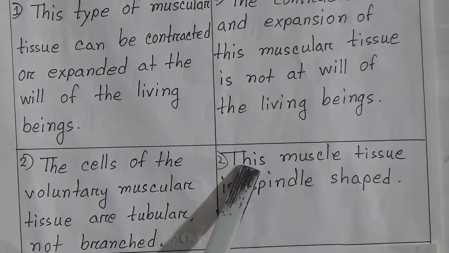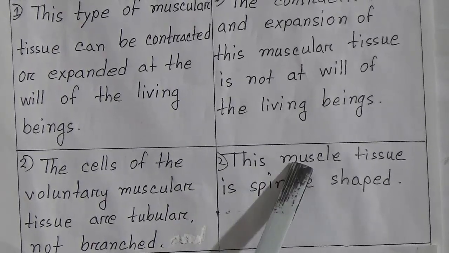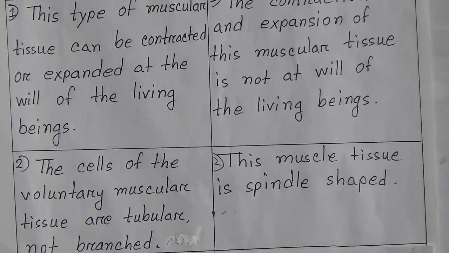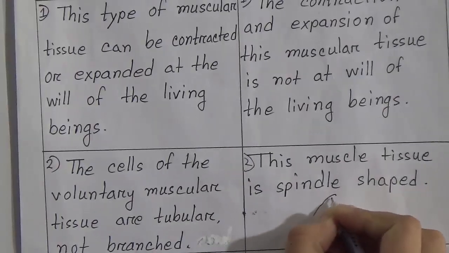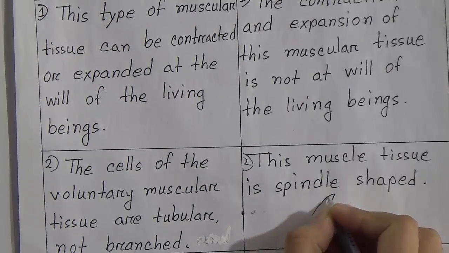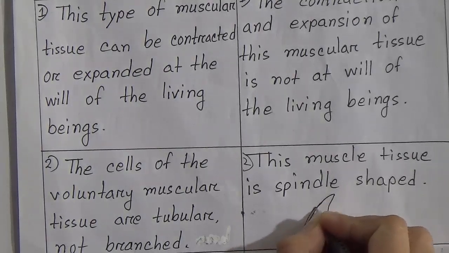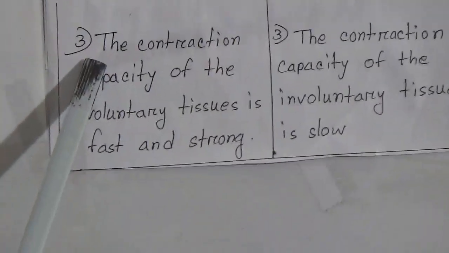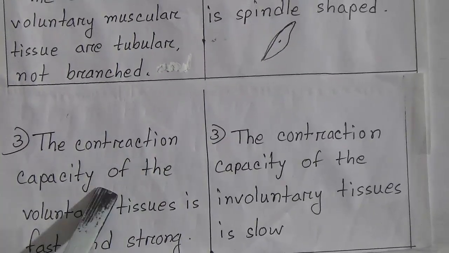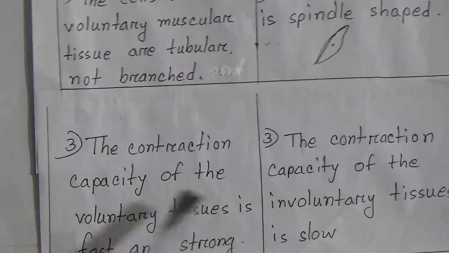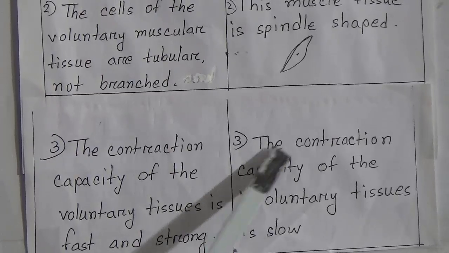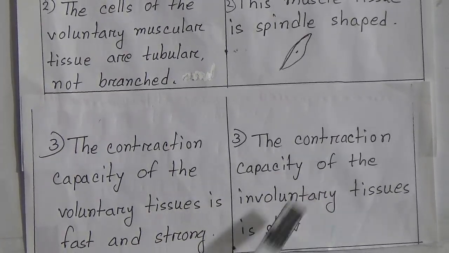And involuntary muscle, point 2: this muscle tissue is spindle shaped. That means spindle shape, like this shape you can see. Point 3, voluntary muscle: the contraction capacity of the voluntary tissue is fast and strong. And involuntary muscle, point 3: the contraction capacity of the involuntary tissue is slow.